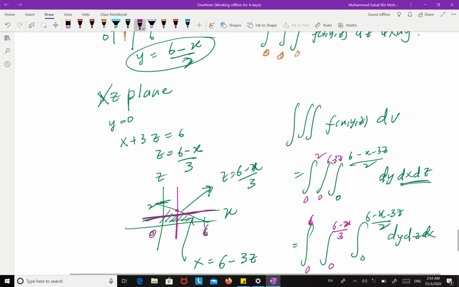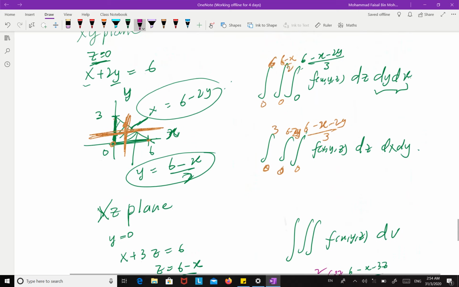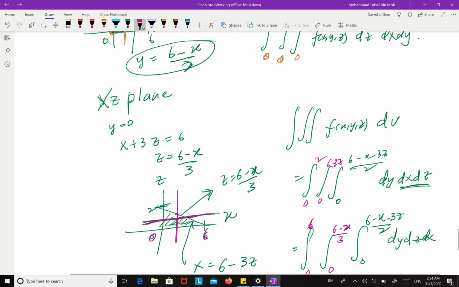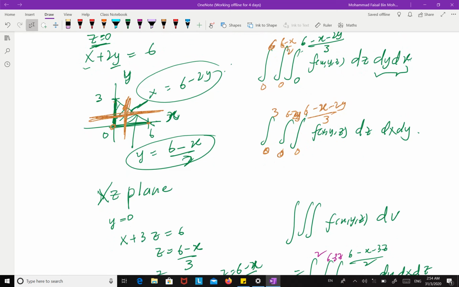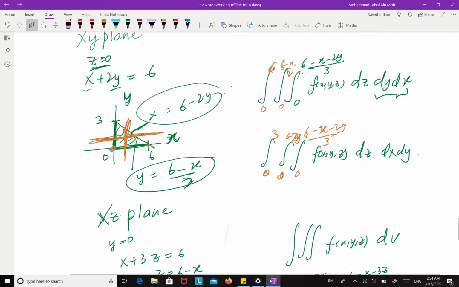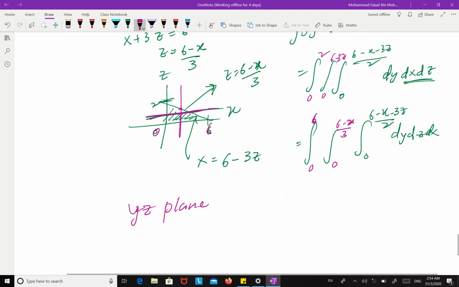So we have 2 for another 2. We have xy plane, xz plane. So another one is xy plane, yz plane. We have the yz plane, which is x equals 0.